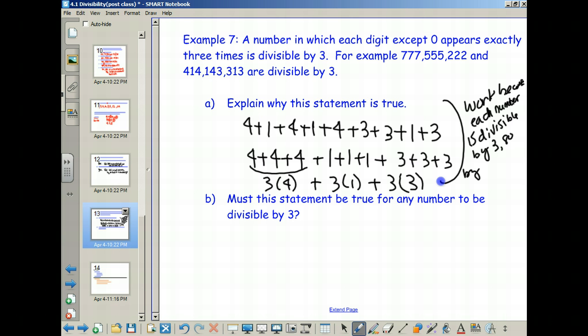So by theorem 4.2 part A, the sum is divisible by 3. Does that make sense?